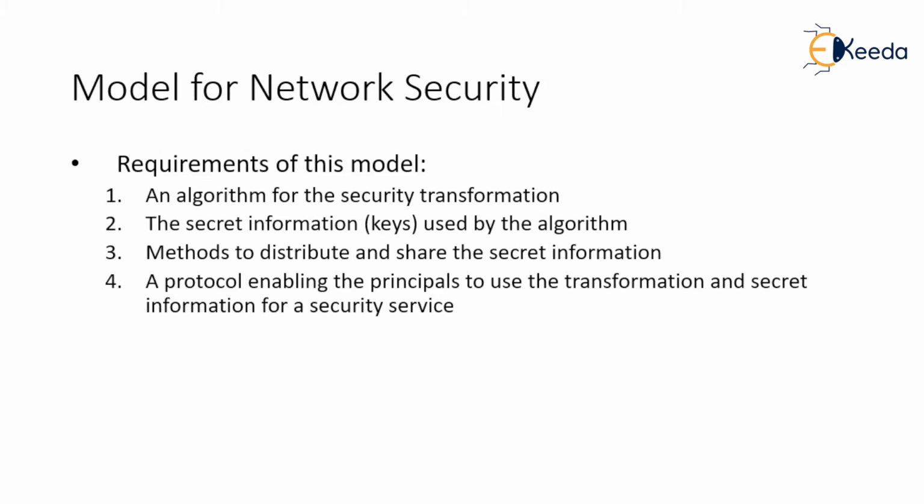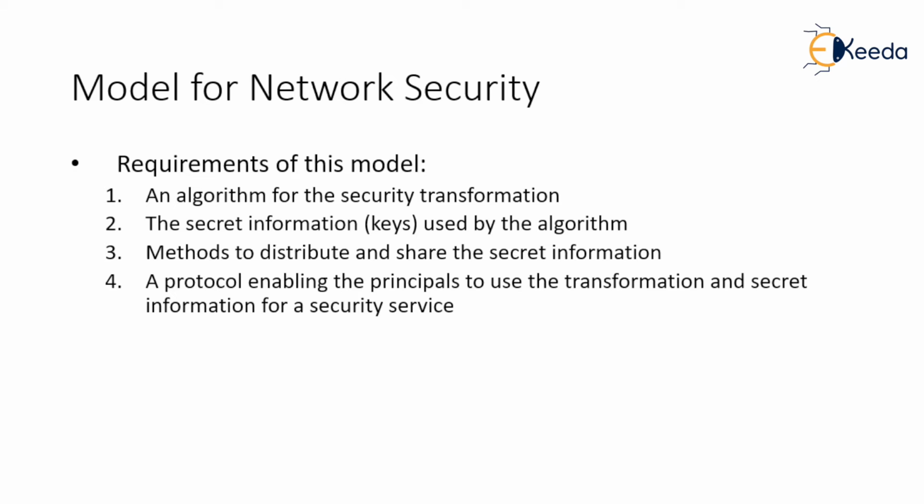These are some of the requirements for the network security model, which asks us to design an algorithm for the security transformation. That means the algorithm should be designed in such a manner that both the entities are able to understand and implement the algorithm for the secure transformation of the messages amongst them.